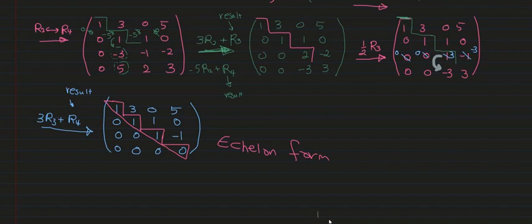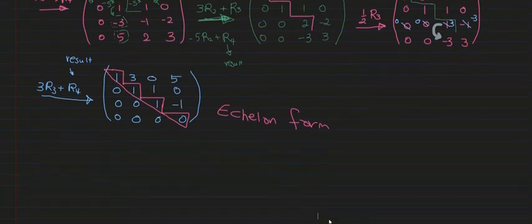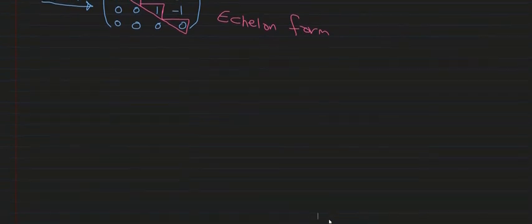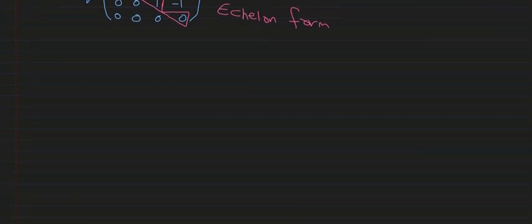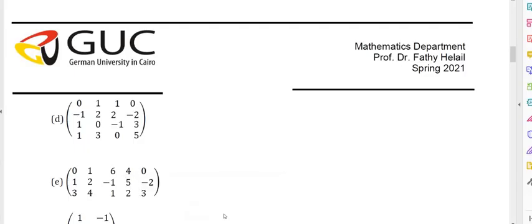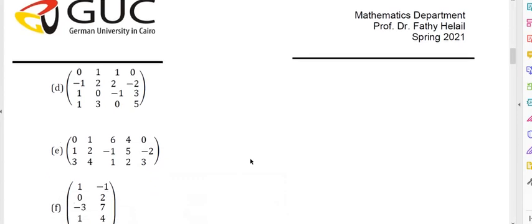Okay. Now let's move to exercise 3, which is the reduced echelon form. What's the reduced echelon form? I will copy the exercise and then discuss it.